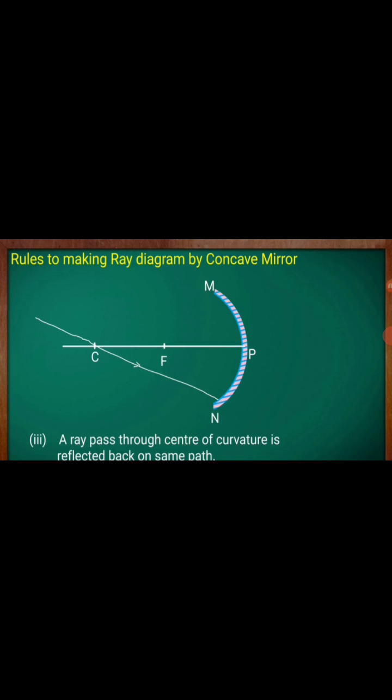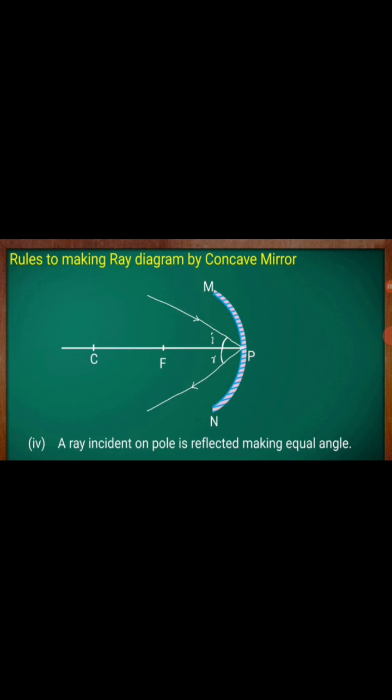And the third rule says a ray passing through the center of curvature is reflected back on the same path. That means wherever you draw a line passing through the center of curvature, both the incident ray and the reflected ray will be on the same line. This is the third rule. And the fourth rule says wherever a ray is incident on the pole of the reflecting surface, the reflected ray will make an angle equal to the incident ray.